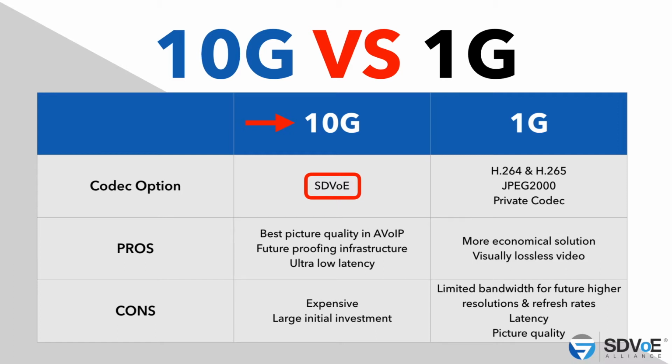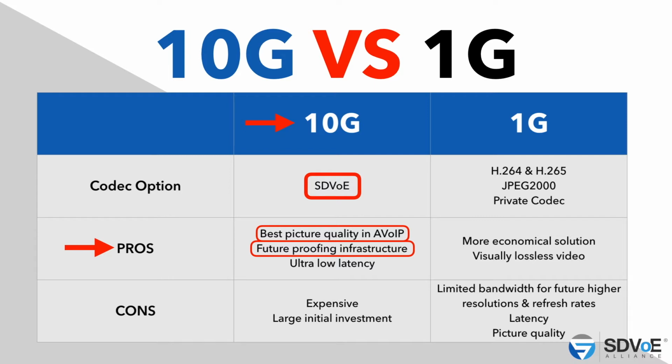And the advantage of the 10G solution is this is the best AV over IP technology you can get today. And since it's utilizing 10G network, it is a future-proofing infrastructure. Right now we are talking about 4K 60, but down the road there will be 8K or even higher resolution and refresh rate.